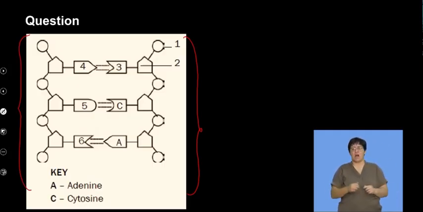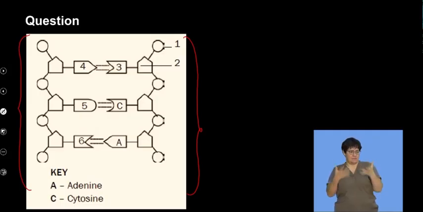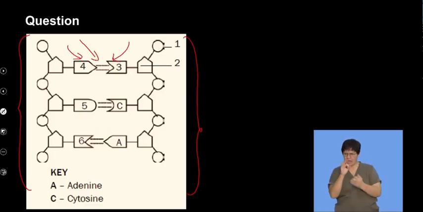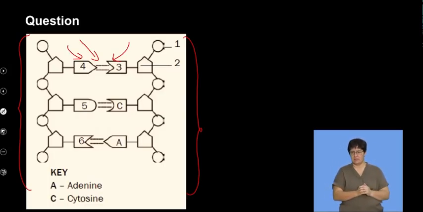We've got some structures that are labeled, and these clearly indicate a specific shape. These shapes are unique in that only structure number 4 can connect with number 3, and that uniqueness is based on the complementary base pairing.